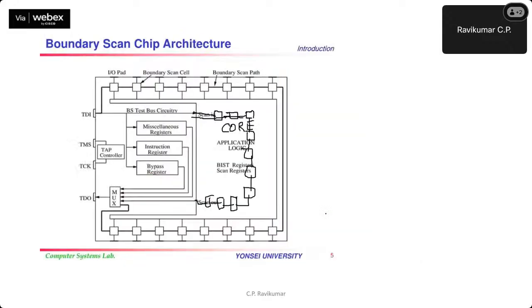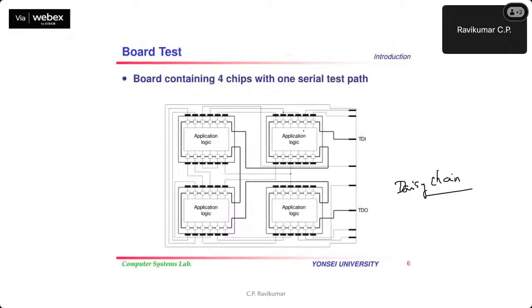So that is why they have provided this bypass register. So if you don't want to go through all these chains, you can just go through a bypass register and come directly to the output. So you can bypass having to go through the entire boundary scan chain. Okay. So that will be faster.